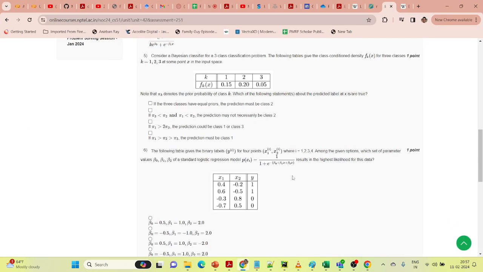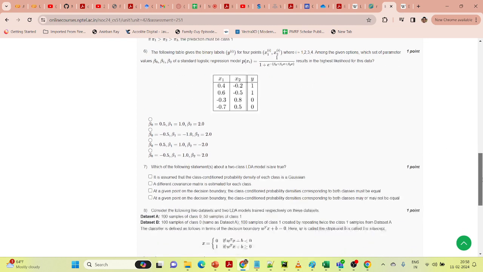So which has the highest chance of occurrence, the highest probability? This is the 0.2, so class 2 will be the answer. The rest I have not told you, so maybe we'll do it next time. Question number 6 can be done.